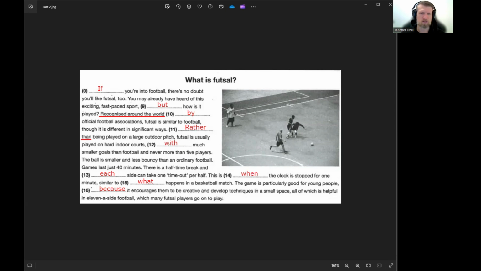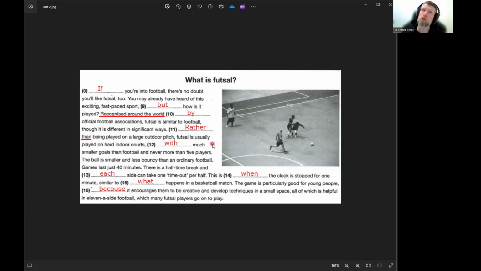Then in number 12, I chose the word with. It says here, futsal is usually played on hard indoor courts, and then it says much smaller goals than football and never more than 5 players. So I guess here with just tells us the aspects or characteristics of futsal. I think with works quite well.